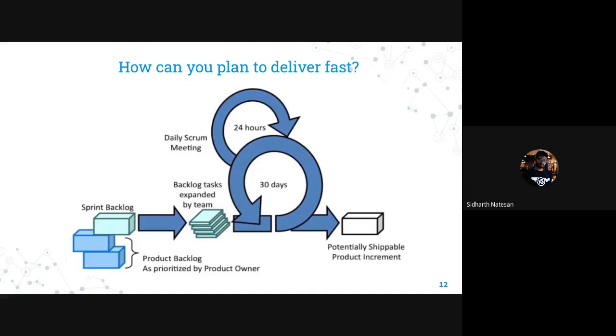At the top you can see there is something called the daily Scrum meeting. What does it mean? This is a practice in Agile where every morning there is a 15-minute call, and holding it in the morning adds more value. In that call, all the developers join and explain what they did yesterday, what they are planning to do, and what blockers they are facing.